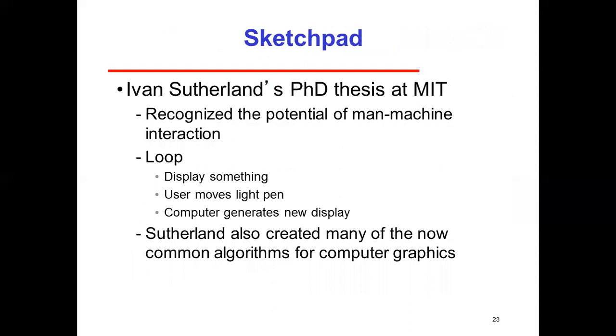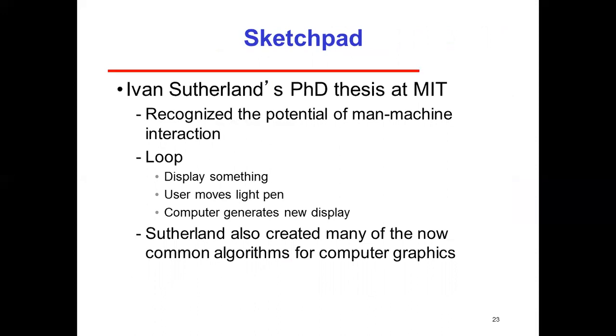Sketchpad, what is this? It recognized the potential of man-machine interaction. It was Ivan Sutherland's PhD thesis at MIT, and he used the sketchpad at that time. So the loop is: display something, the user moves the light pen, the computer generates a new display.